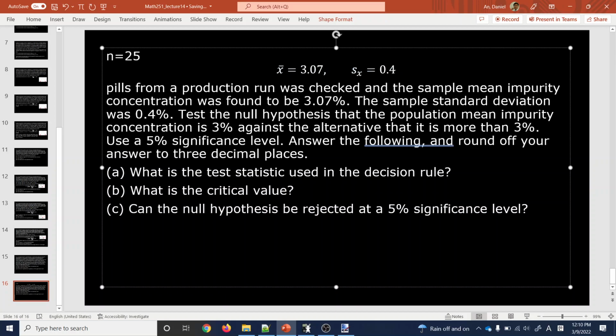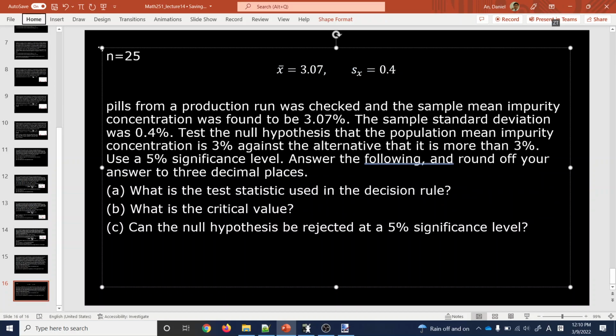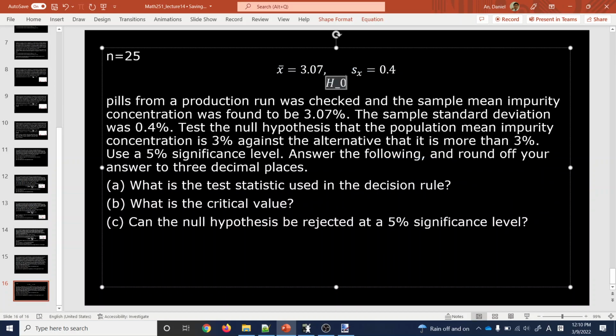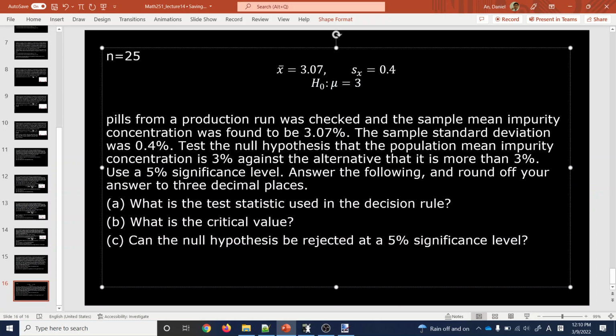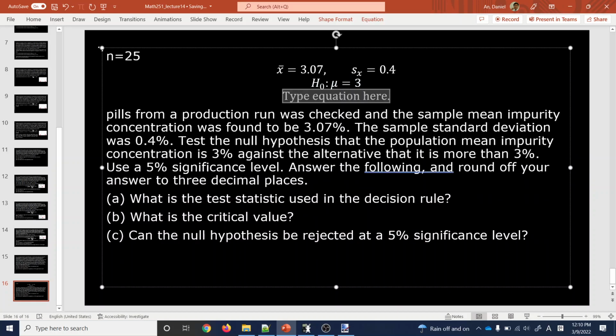Okay. And what's the null hypothesis? Is equal to 3%, right? What's the alternative hypothesis? Yeah, so you're worried that it's more, right? So you want to show if it's more or not, okay?